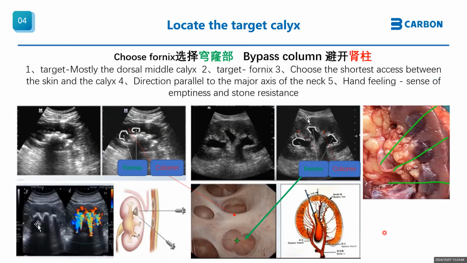Okay, and then locate the target calyx. There are some rules for the safety of the puncture. The first is we have to choose mostly the middle calyx, the dorsal medial calyx.